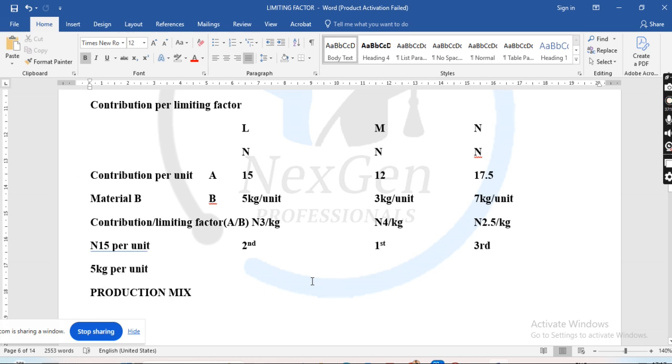So production mix. Available for L and M. So what is the available kg that is available for them, class?